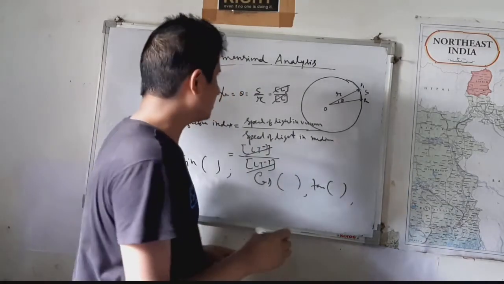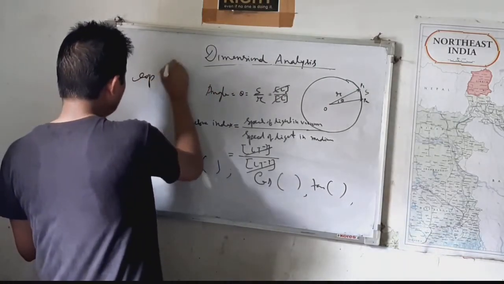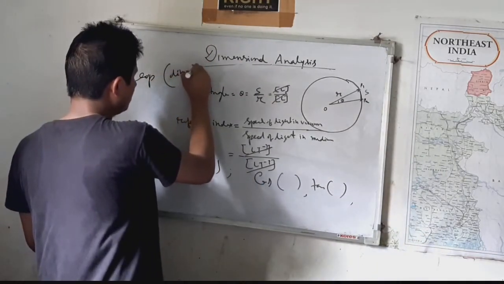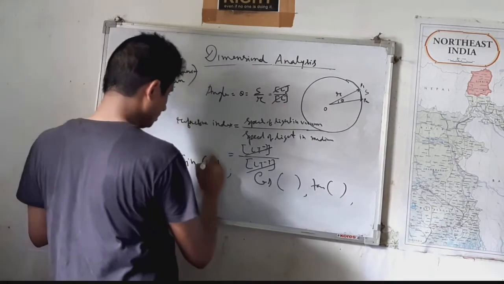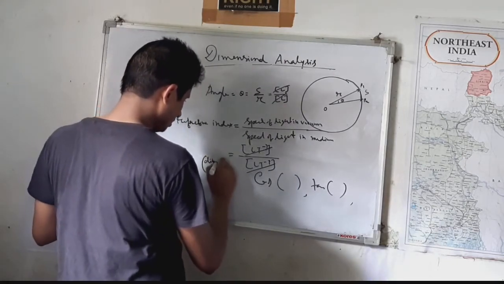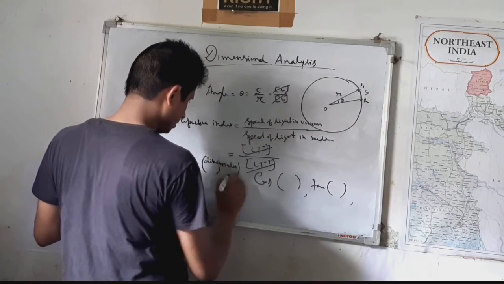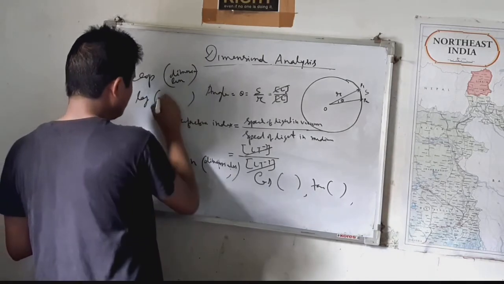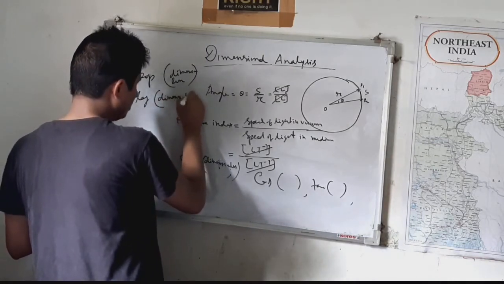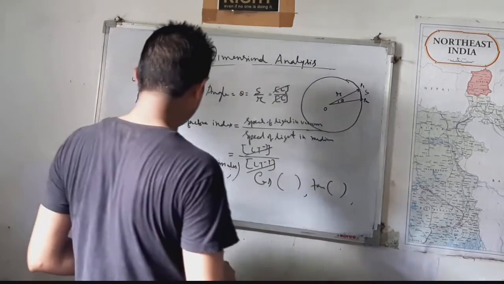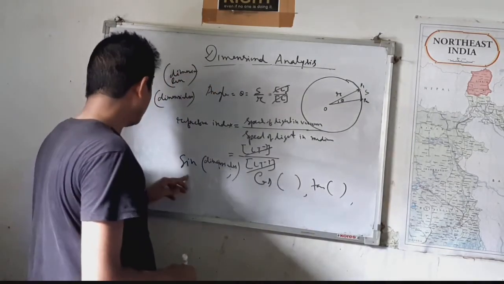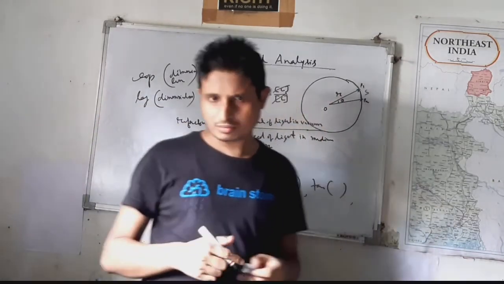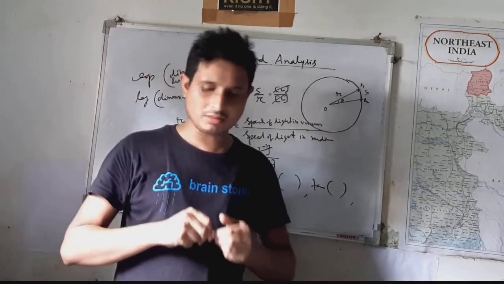Similarly, the arguments of exponential functions are also dimensionless. Or logarithmic function, log of something, it is also dimensionless. So arguments of trigonometric, logarithmic, or exponential functions are dimensionless quantities.